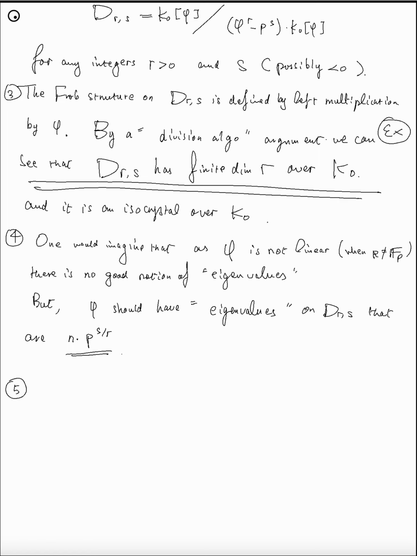Remark 5. Let k bar be the algebraic closure of k.